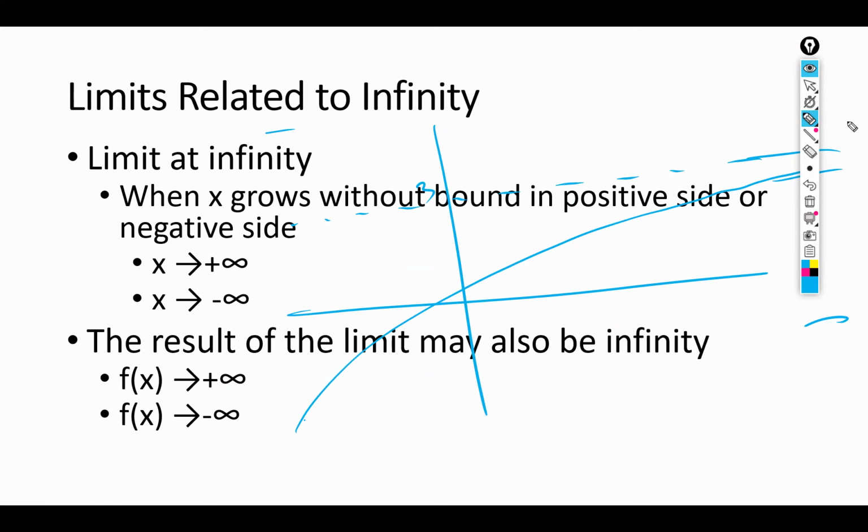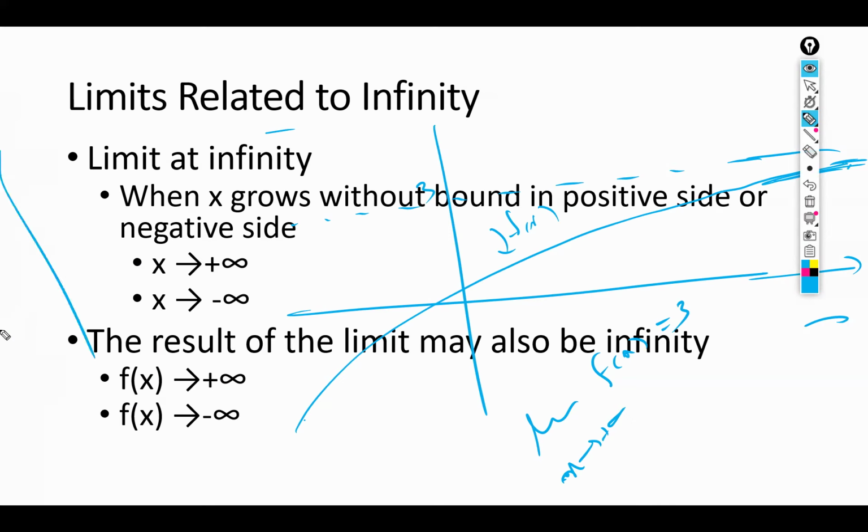It won't go beyond 3, but it is getting closer and closer to 3. So then you can say the limit as x tends to plus infinity of f(x) equals 3, right? So there are such situations. Therefore, it's a limit, but we keep increasing x. So then what happens to my f(x)? Okay.